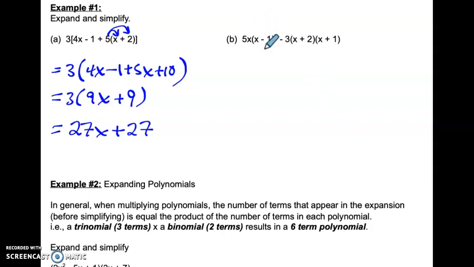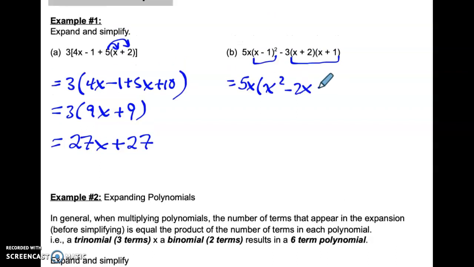Okay, for our next one here, the first thing I would start by doing is I would expand this squared term using that shortcut method, and I'm going to expand this binomial because we're going to deal with that multiplication first. So the 5x is going to stay on the outside, and expanding this bracket, we square the first term. First times last times 2, and square the last term.